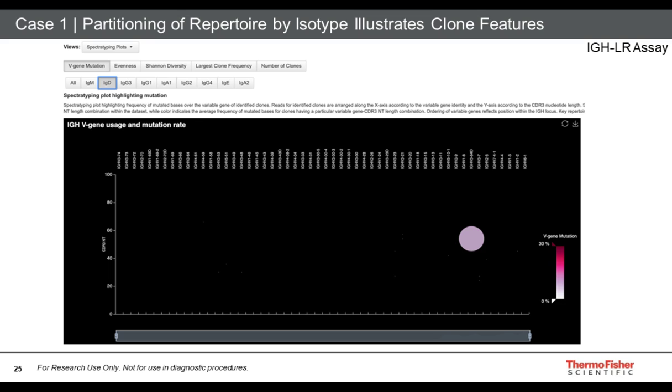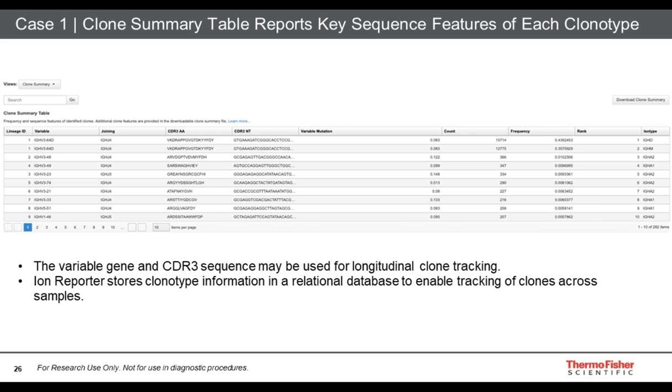Now, the information that we just observed through the spectratyping analysis is also found within the clone subread tables of Ion Reporter. These are searchable, sortable tables, and each row of this table shows the features of a different clone. So you'll note that the first two rows of this table correspond to the two clones that we just observed, one expressing IgM and one expressing IgD.